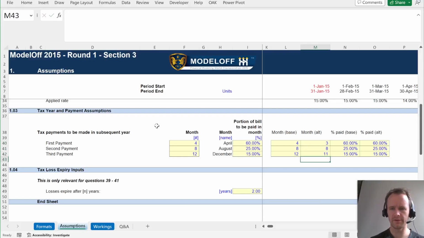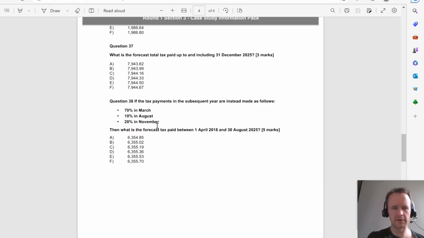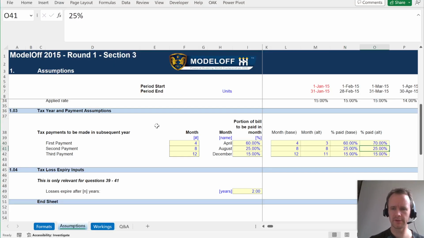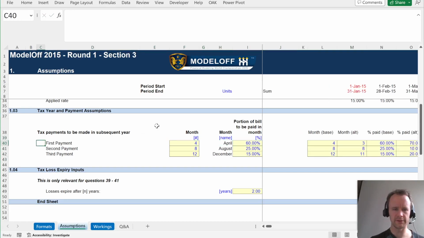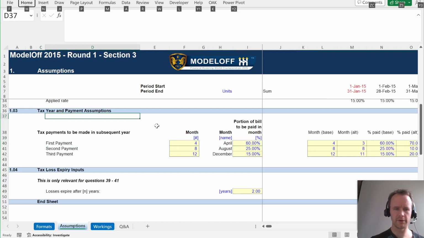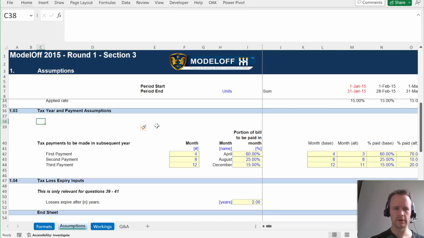And we want to change the percentages paid to be 70, 10, and 20. And then we just need one more assumption here, which can go here. Alternate timing, question mark. And we can just say false.